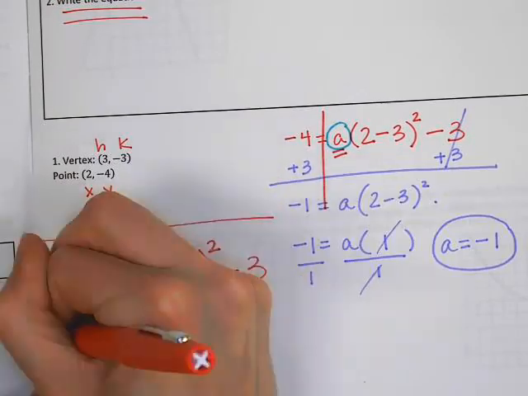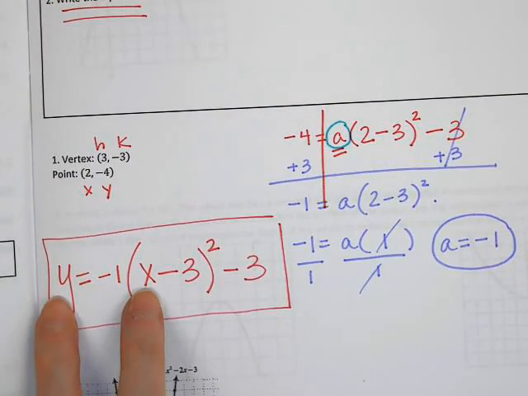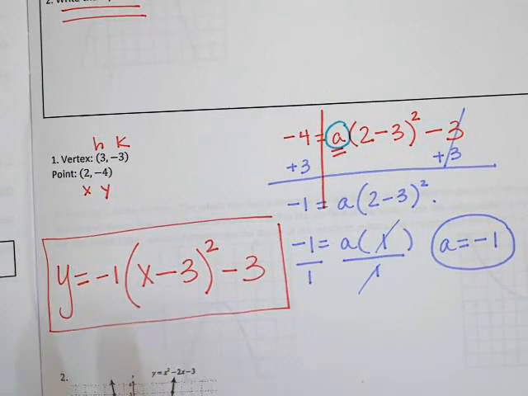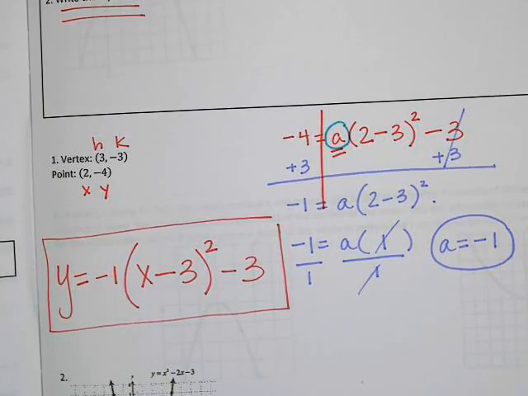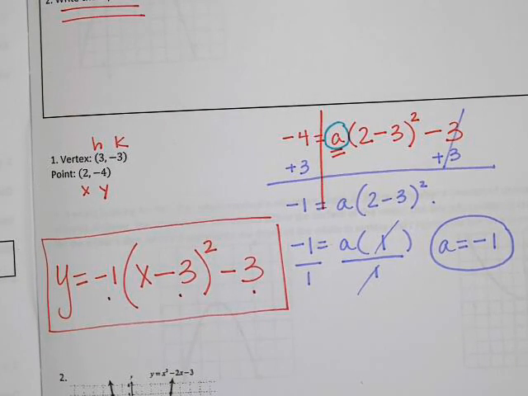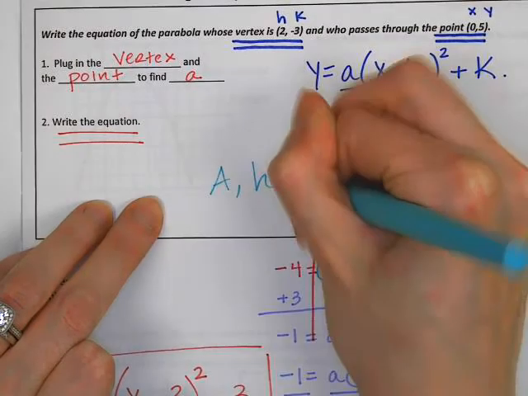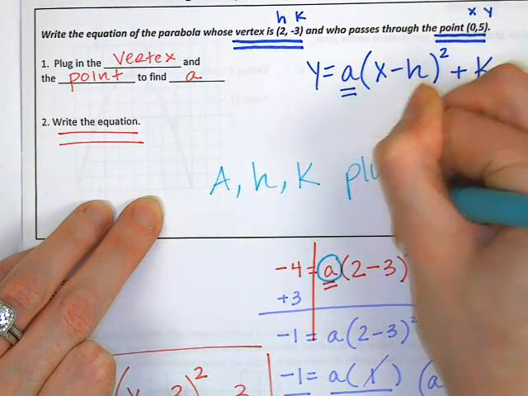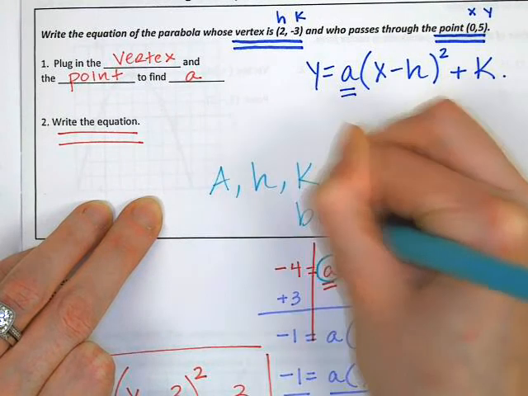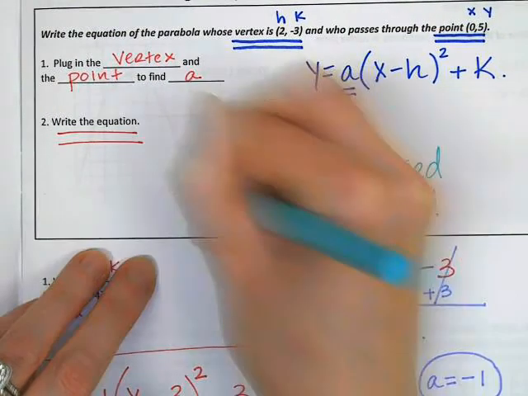In the final answer, you always want the x and y to stay x and y. It's kind of like y equals mx plus b. But the a, the h, and the k get plugged back in. So actually, we can write that up here. a, h, and k get plugged back in to the final answer.